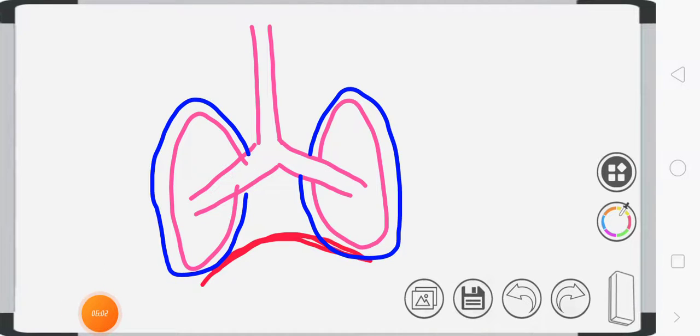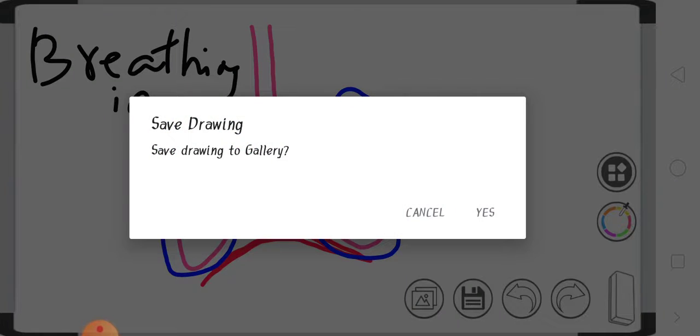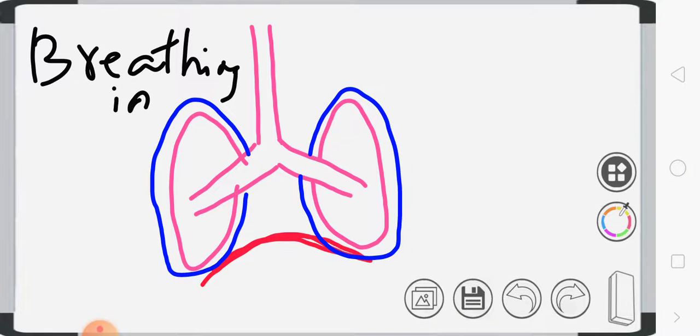Now we are going to talk about breathing in. Breathing in is also called inhalation or inspiration. These are different words that are used. While breathing in, this is the diaphragm. As I told you, the diaphragm is dome shaped, but when breathing in, it contracts.